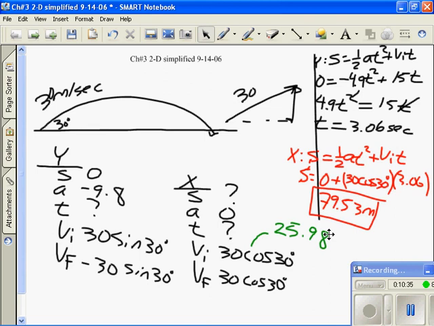Coming back to our equations up here in the upper right-hand corner, it should be half of minus 9.8 t squared plus 15t equals 0. Bring the minus 4.9 t squared to the left-hand side, it becomes positive. I can cancel out a t. Solve for t. It's in the air for 3.06 seconds.